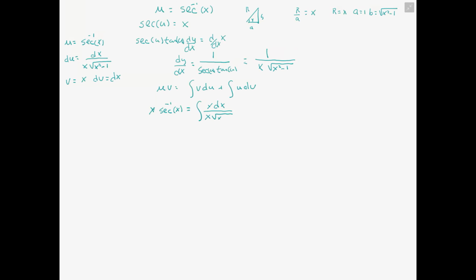And in that case, this is x arcsecant of x equals the integral of v du, so we have x dx over x square root of x squared minus 1, plus the integral of the arcsecant of x dx.